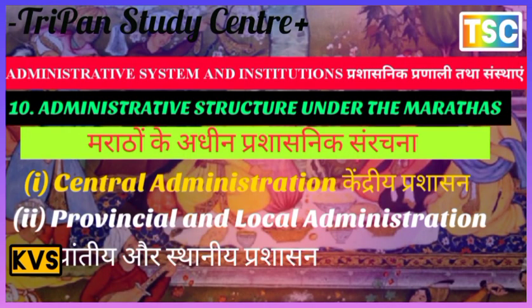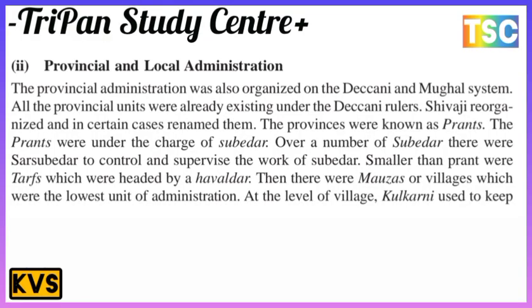The provincial and local administration under the Marathas. The provincial administration was also organized on the Deccani and Mughal system. All the provincial units were already existing under the Deccani rulers. Shivaji recognized and continued them, though he renamed them.